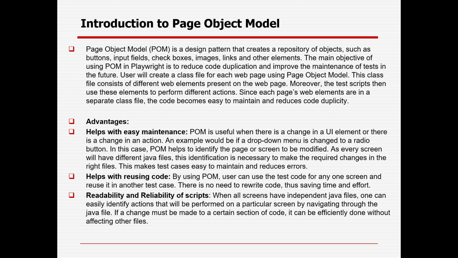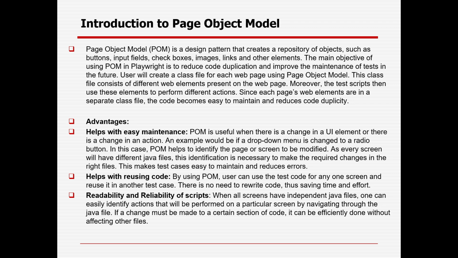So page object model or POM is a design pattern that creates a repository of objects such as button, input field, checkbox, images, radio button, link, table, etc. The main objective of using POM in Playwright is to reduce code duplication and improve the maintenance of tests in the future.